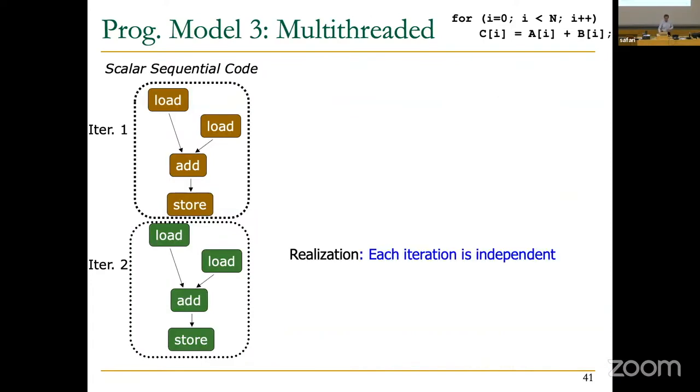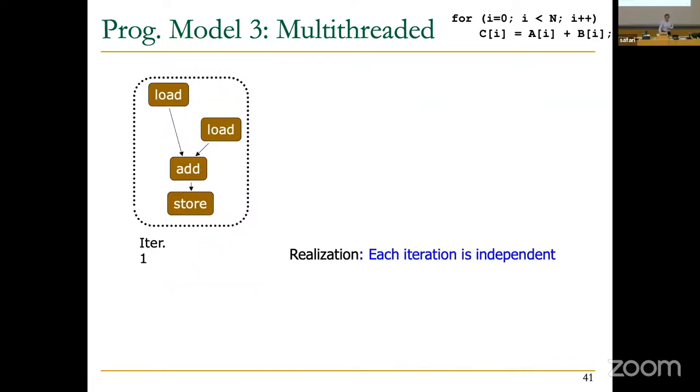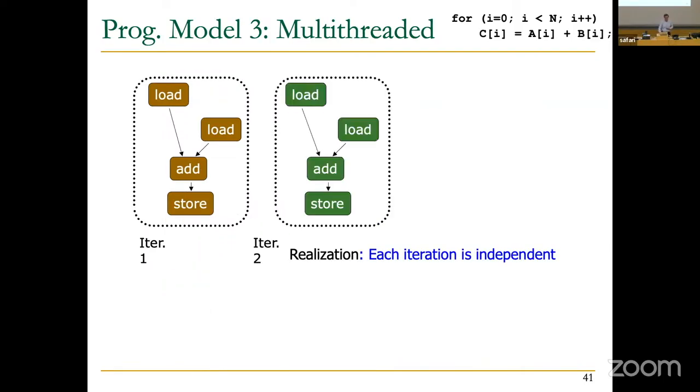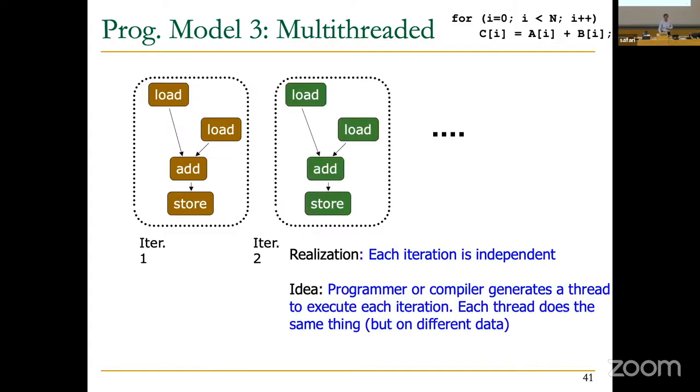Basically, each iteration is independent again. We're going to take advantage of that. And we're going to say different iterations are executed by different threads, right? Programmer or compiler generates a thread to execute each iteration. Each thread does the same thing in this particular case, but on different data. Sounds good. You can execute this in a multiprocessor also, right?